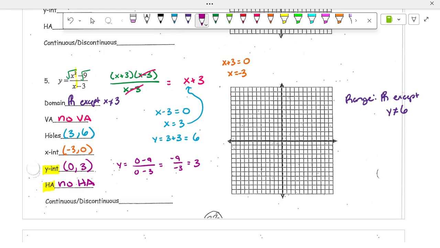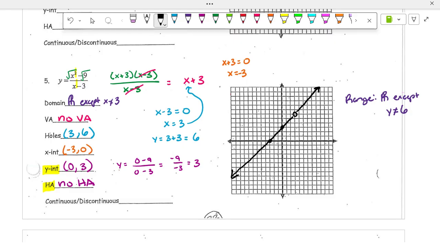So if I graph this, I have my x-intercept at negative 3, my y-intercept at 3, and at (3, 6), I have a hole. Everything else just looks like a linear function. This one doesn't even look like a rational function.